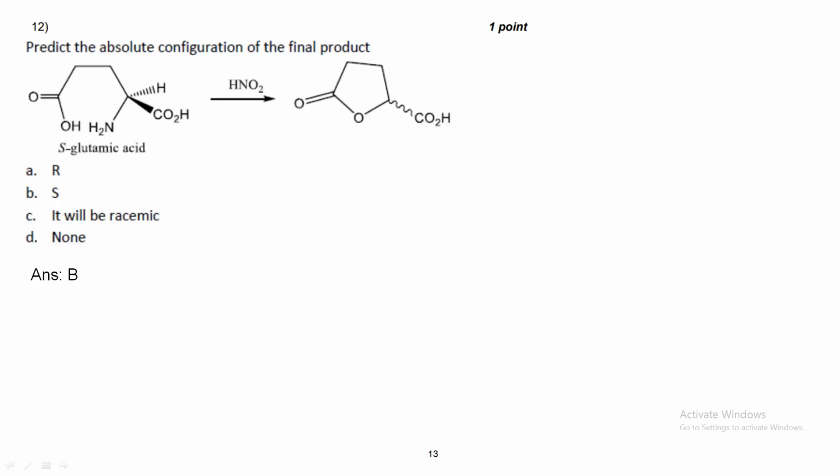So moving forward for this kind of case, so HNO2, right? Let's see, if we have a primary amine, HNO2 is the source for this class of reaction.